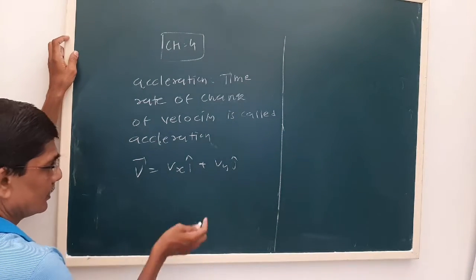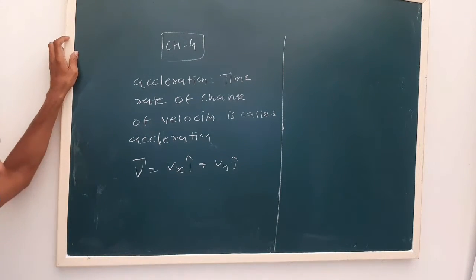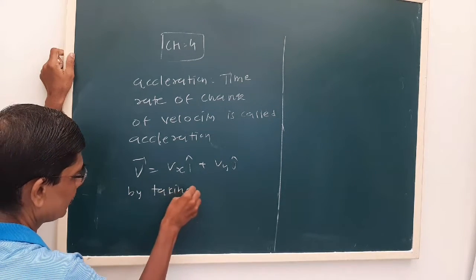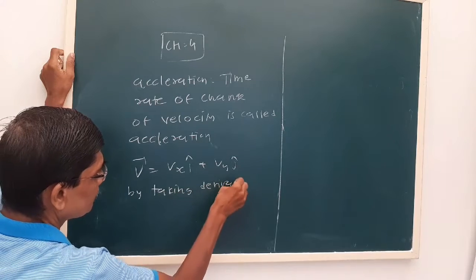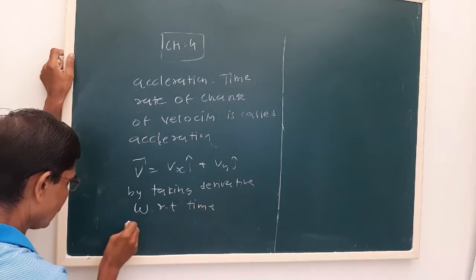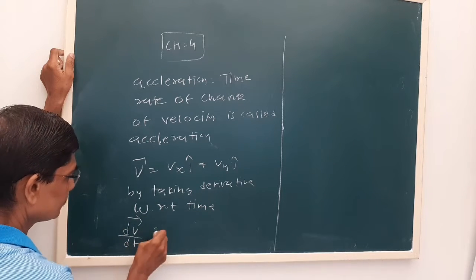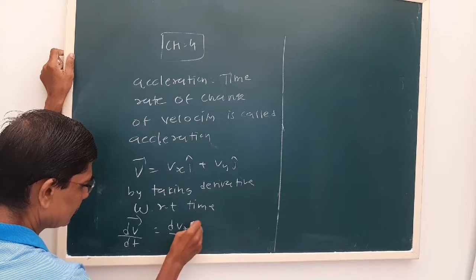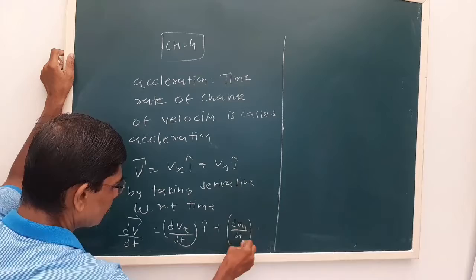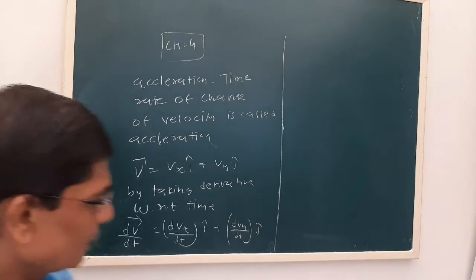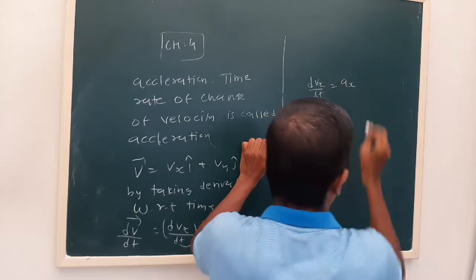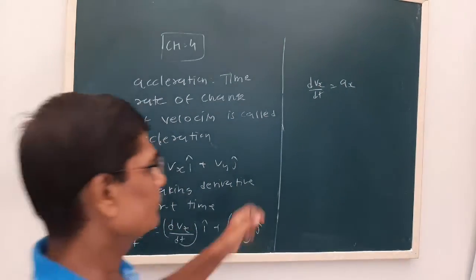Taking the derivative of v with respect to time, dv/dt is dvx/dt i. Here dvx/dt is ax, the x component of the acceleration.